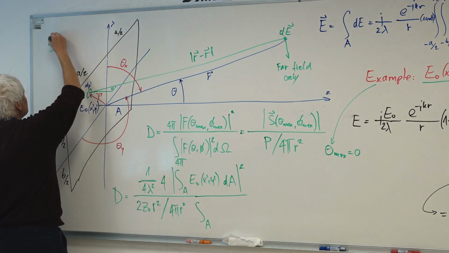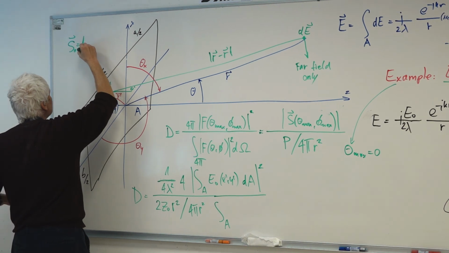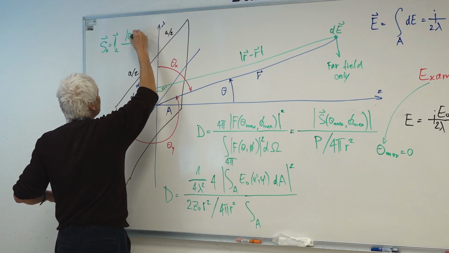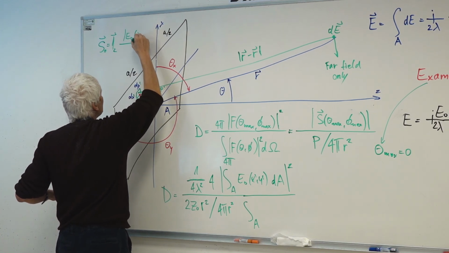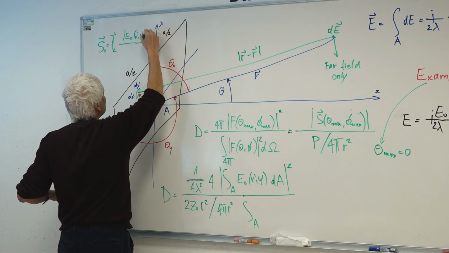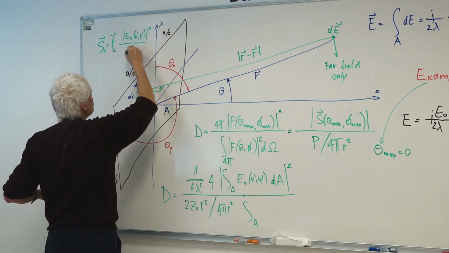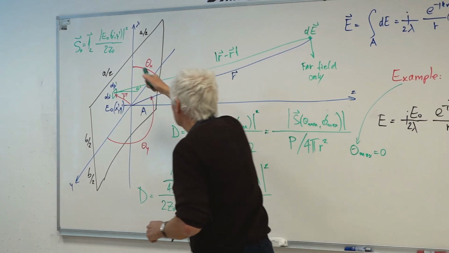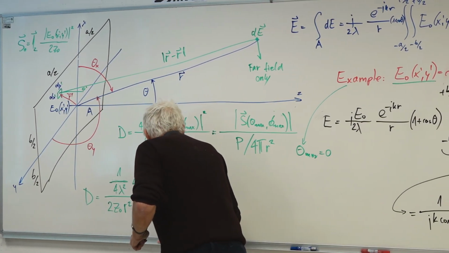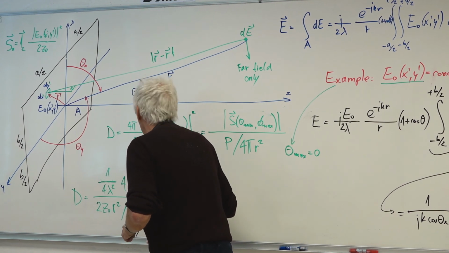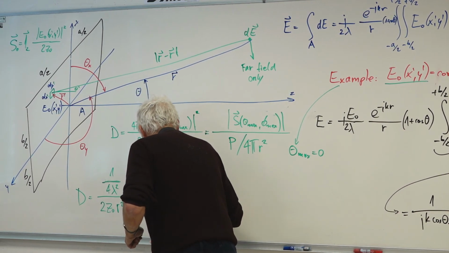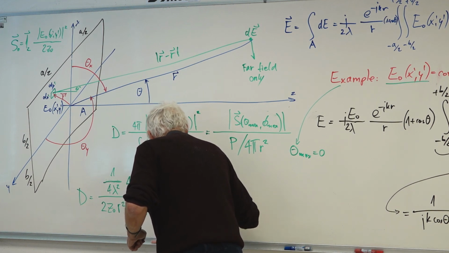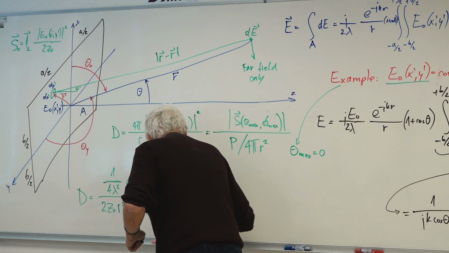S0 on the aperture is 1z times E on the aperture of x prime y prime squared over 2z0. So this is the integral over A of this S. So this S is now E0 of x prime y prime squared over 2z0 dA.